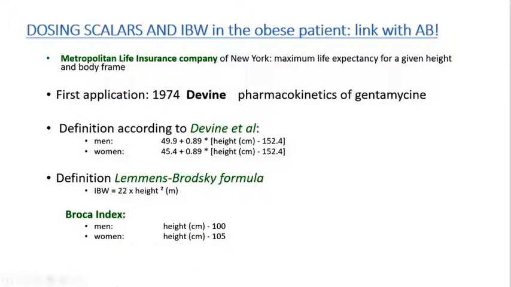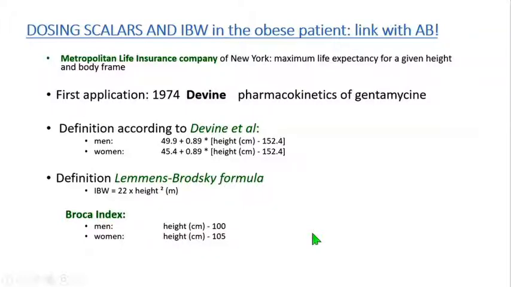Now, interestingly, there is a clear link between antibiotics and dosing of drugs. We all know the introduction of ideal body weight. Well, it came from the insurance companies. The Metropolitan Life Insurance Company used the concept of ideal body weight.